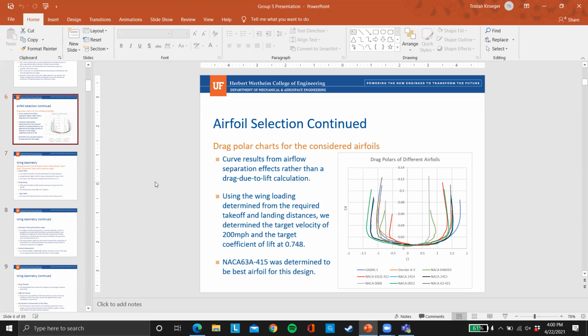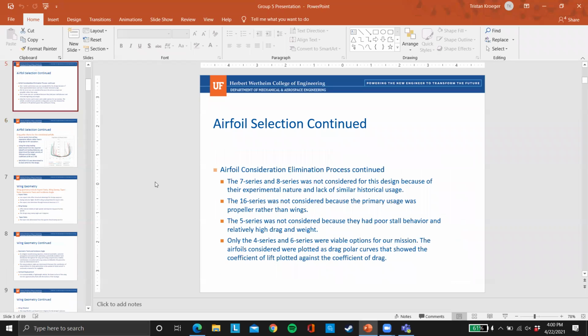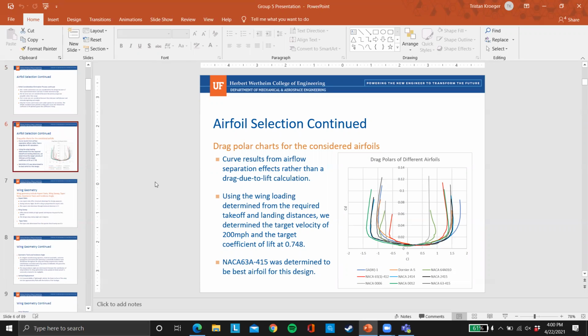For takeoff and landing, we normally require a much higher coefficient. We consider that during takeoff and landing the speed is lowest, so we want the lift coefficient to be the highest to generate enough lift. During takeoff, we need to lift off, right? So right now 0.748, I don't think it's enough. So you need to double-check your calculation to make sure this part is correct.